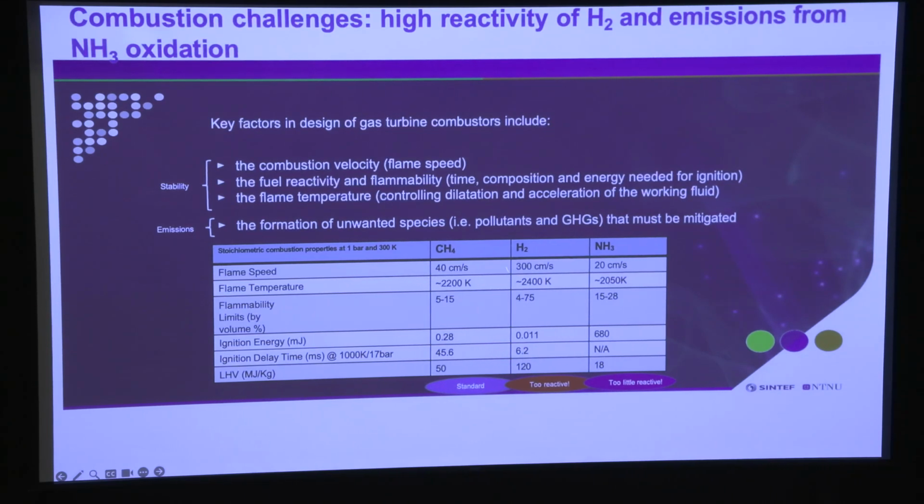Flame temperature, again, hydrogen is a hotter flame than either of the other two, and it has extremely broad flammability limits. So if it leaks out, it's highly flammable. It has very, very short ignition delay times, orders of magnitude shorter than for methane, and ammonia just hardly needs assistance even to ignite.